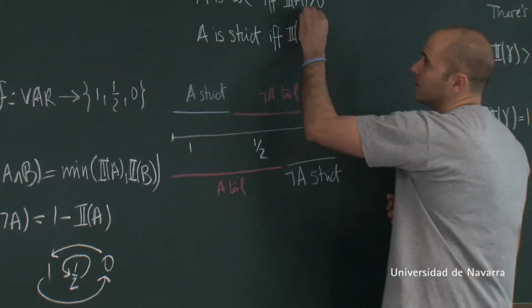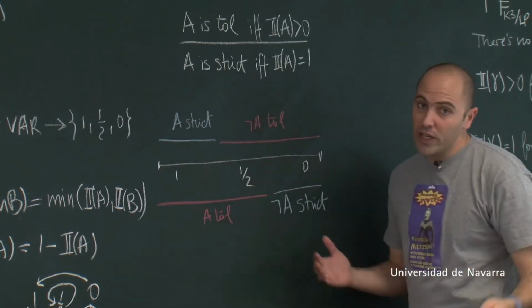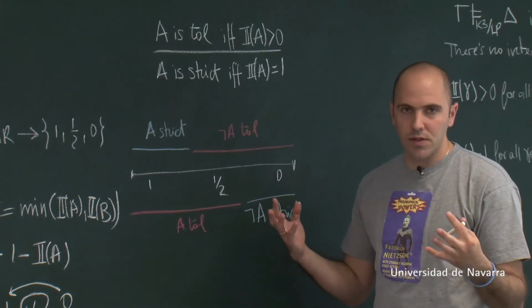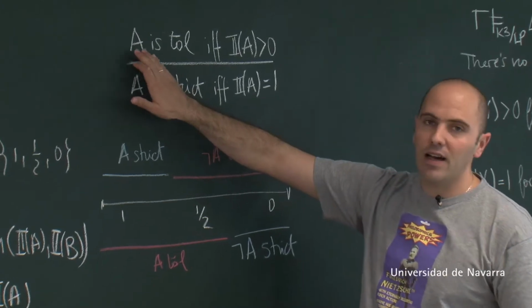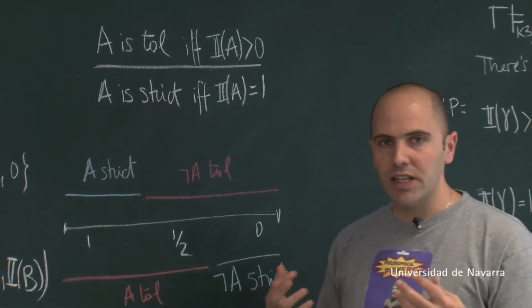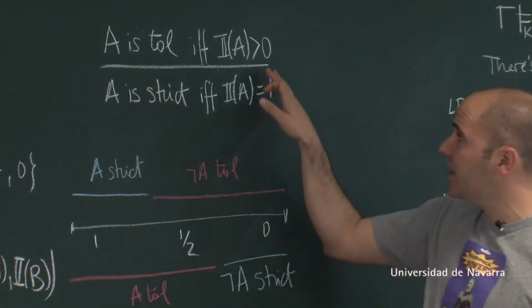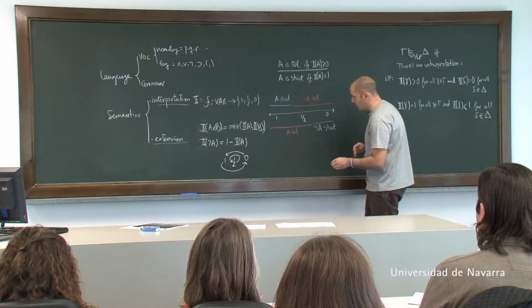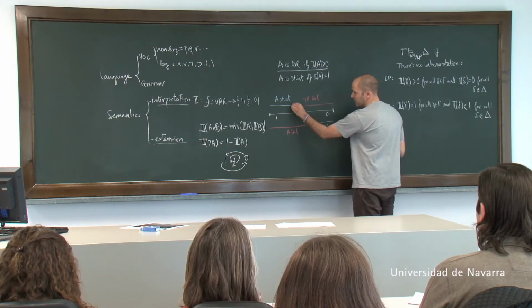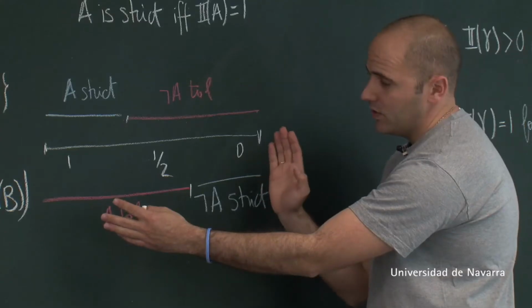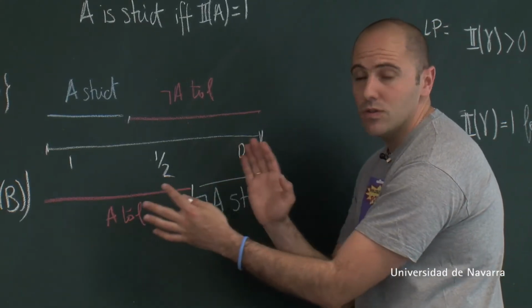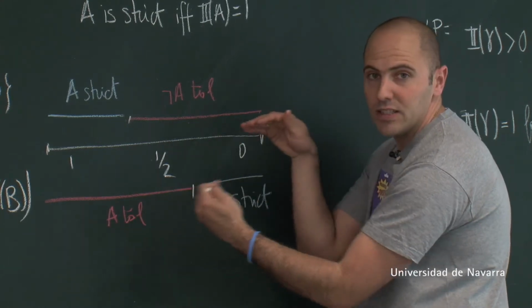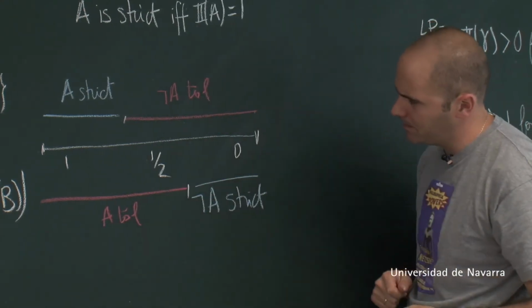We call this tolerant truth. So we will say that a formula A is tolerantly true in an interpretation just in case it takes value more than 0. As you can see in this explanation, tolerant truth allows for an overlap between truth and falsity.